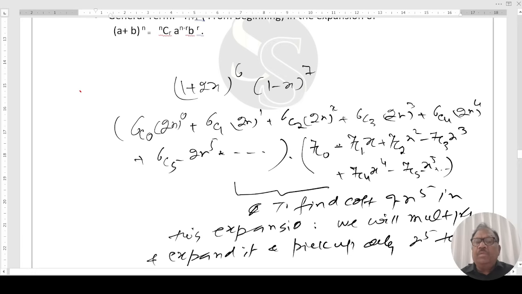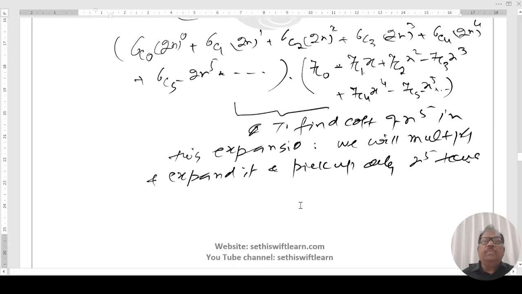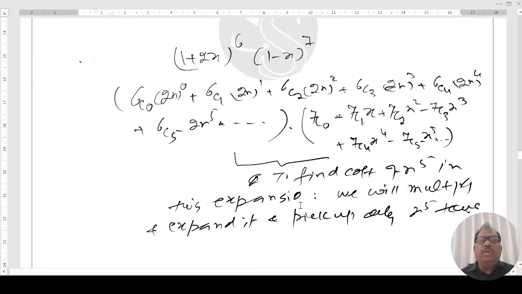To pick up x^5 on expansion, the term 6C0 with (2x)^0 will be multiplied by 7C5 with a negative sign, and 6C2 with 7C3... positive x power.